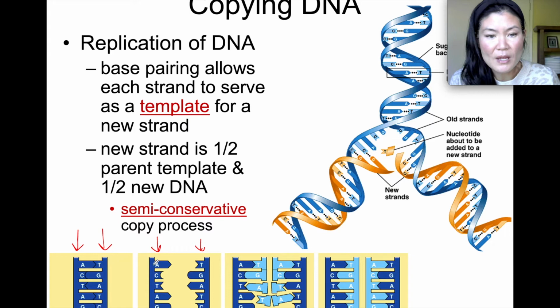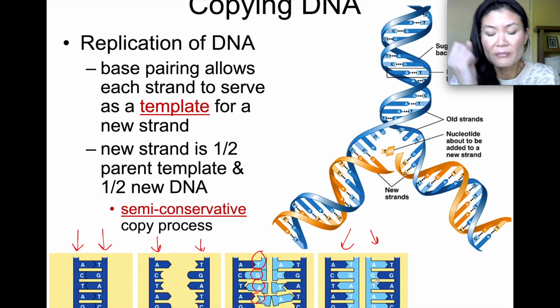So on the left side we have A, C, T, A, G, and A is going to pair up with T, and then that C is going to pair with G, that T is going to pair with A, that T is going to pair with A, G is going to pair with C. So you guys can see that as the original strands act as templates, new nucleotides can come in and pair up according to complementary base pairing rules. A goes with T, C goes with G, okay?